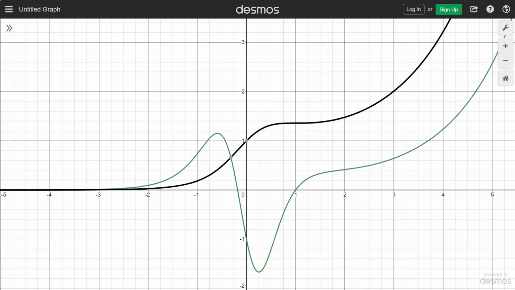There's the one inflection point, and then the other point, which is an intersection point, not the inflection point. The other inflection point turned out to be, notice it right there, about minus 0.18. Remember, that inflection point is going to happen when this green second derivative is 0.